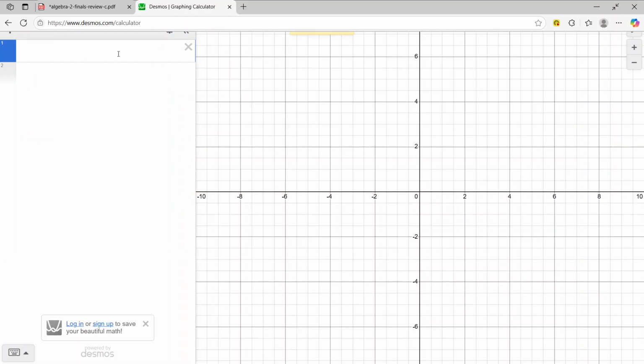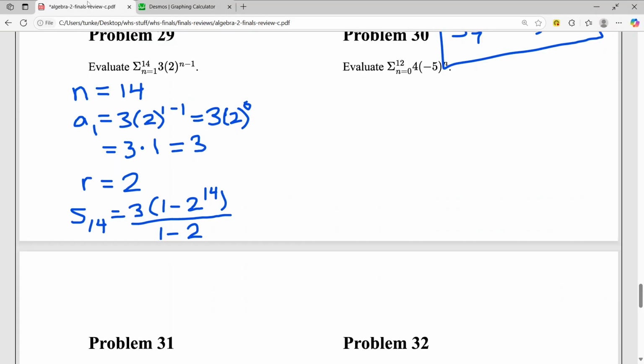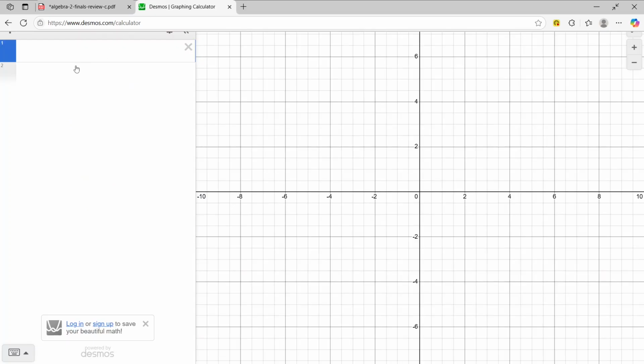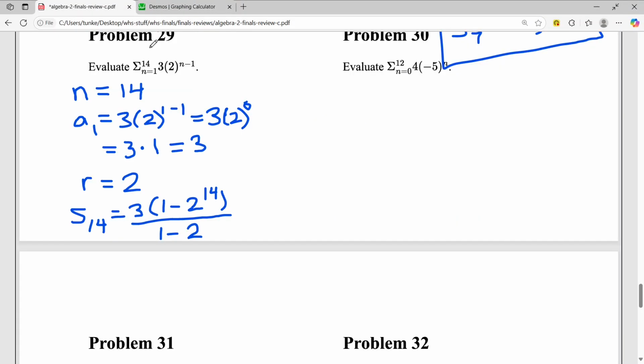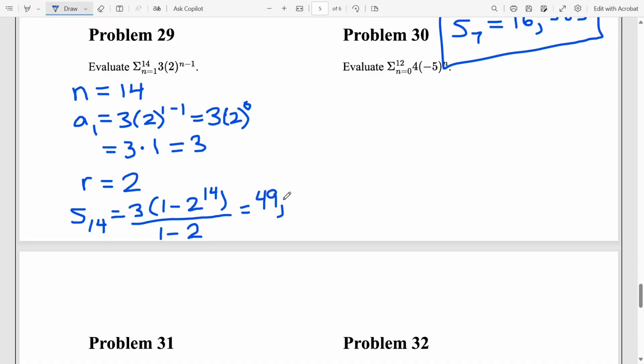Okay, 3 times 1 minus 2 to the 14th power divided by 1 minus 2, and we get 49,149. And that's our solution for that one.